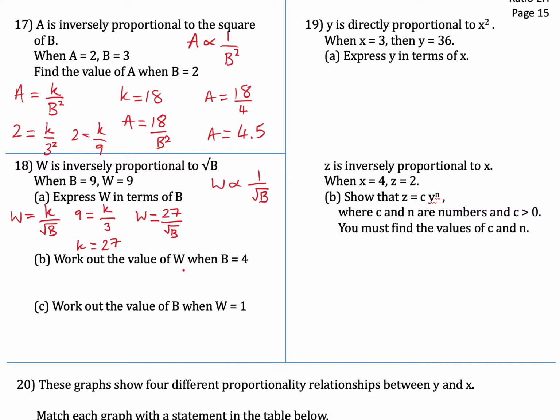Work out the value of W when B is 4. So substituting in for 4, the square root of 4 would be 2. So half of 27 is 13.5. Work out the value of B when W is 1.